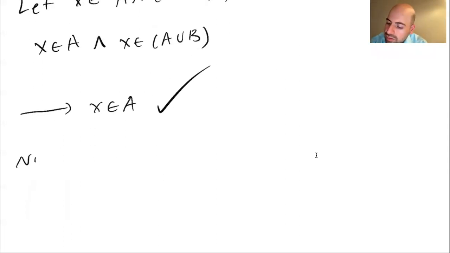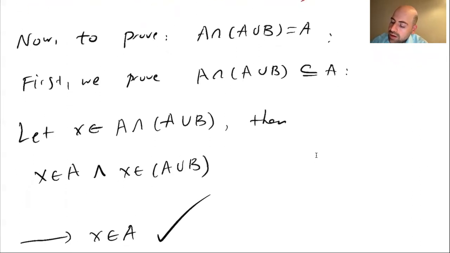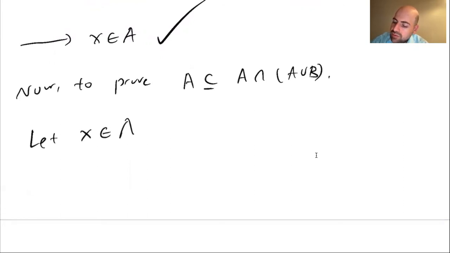Now, to prove the other way around, I have to show that A is a subset of A intersection (A union B). So again, let X belong to the left-hand side, which is A. Then X belongs to A, because I just assumed X belongs to A, so I'm just repeating it again.